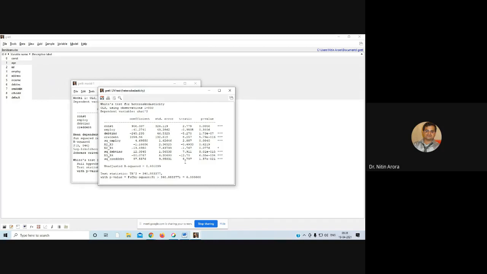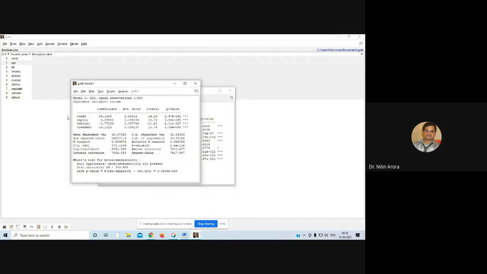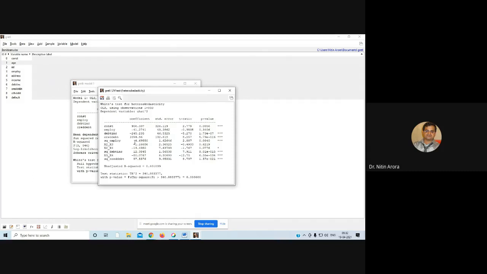With the White test, which is a more powerful test, it is evident that heteroskedasticity exists in this estimation, where we have one dependent variable, income, and three independent variables: number of years in current employment, debt to income ratio, and credit to debt ratio. So in this estimated model, heteroskedasticity is present. The White test is confirming its existence.